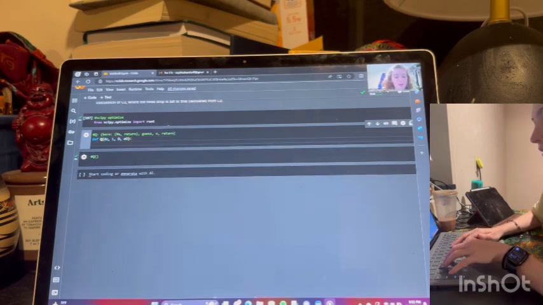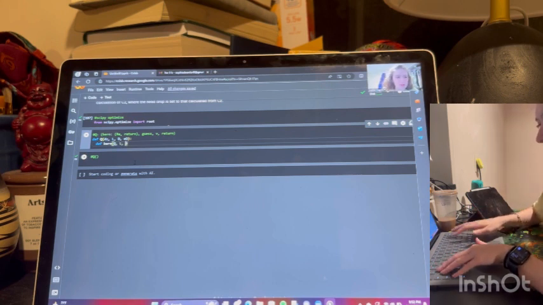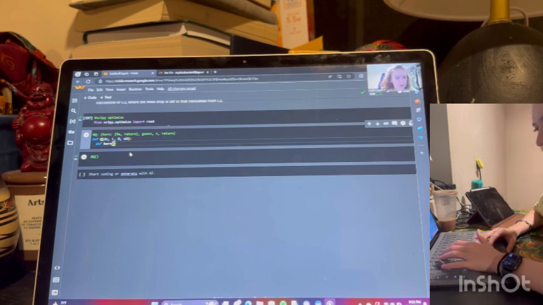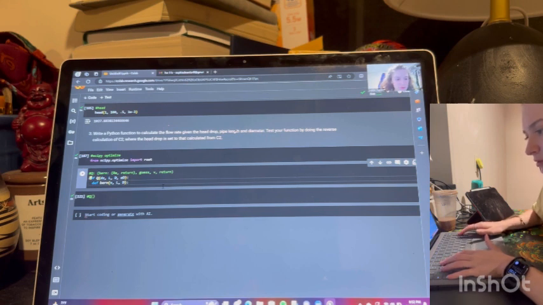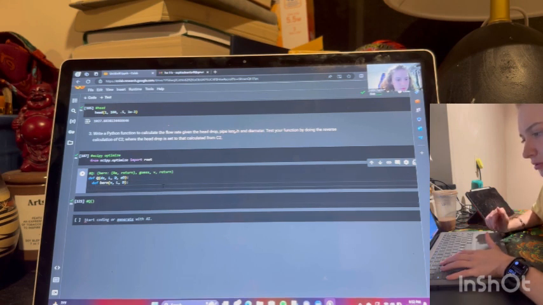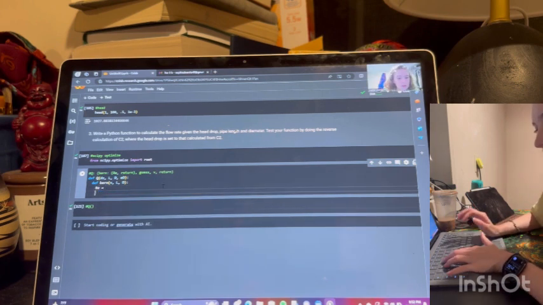And then we're going to define the Bernoulli using Q, L, or no, not Q. I think it's our V, our L, and our D. And then we want to do our RE here, and then we'll return a value.